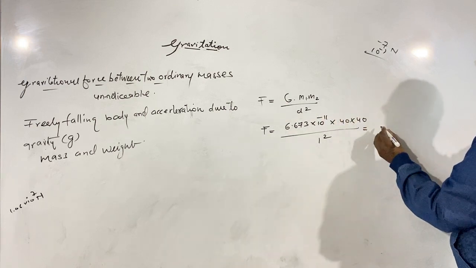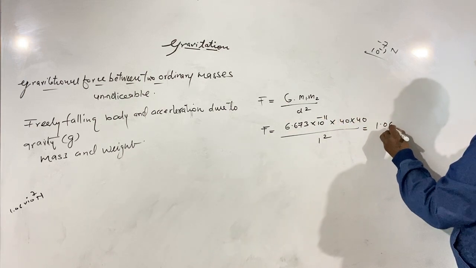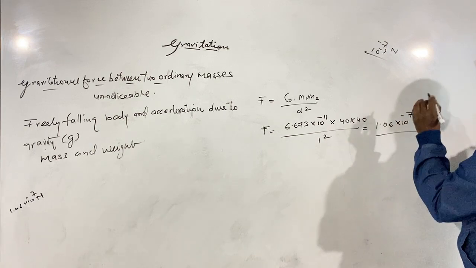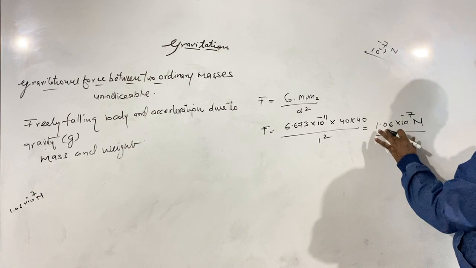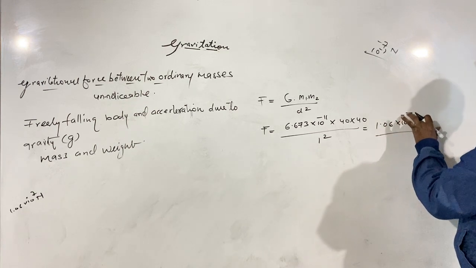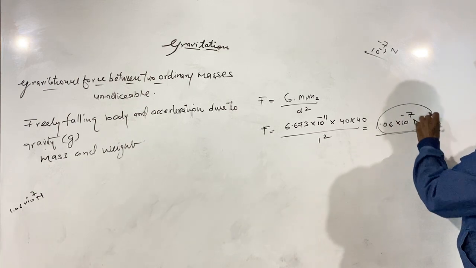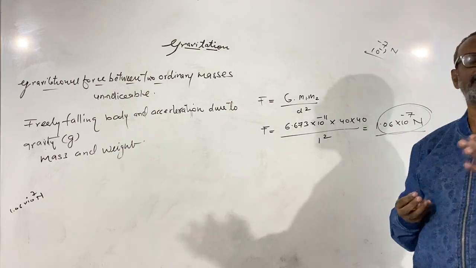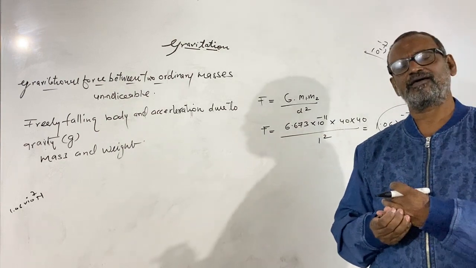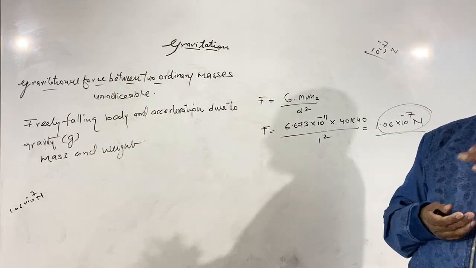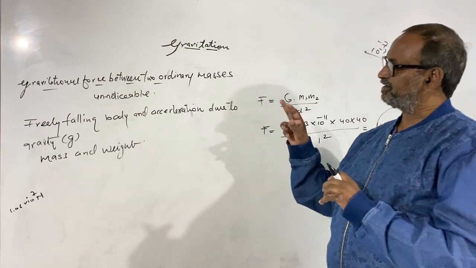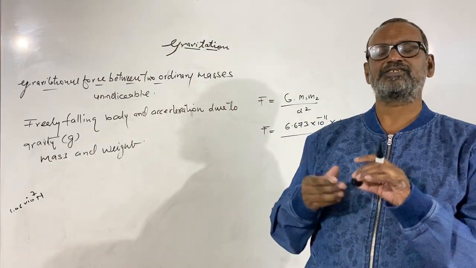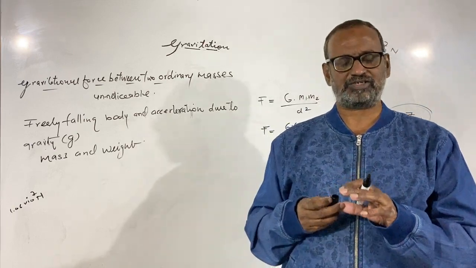The approximate value is 1.06 into 10 raised to power minus 7 Newton, and you can see that this is so small a force that it cannot be detected easily. So that's why the gravitational force between two ordinary masses is unnoticeable to us.